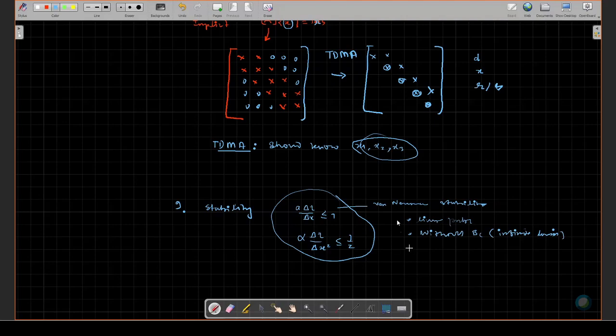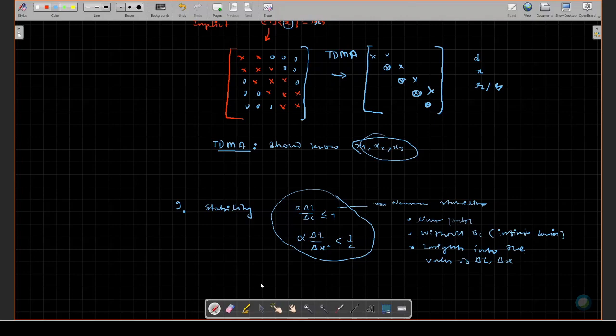Still, von Neumann stability analysis is one of the most widely used stability analyses in order to get insights into the values of delta t, delta x.